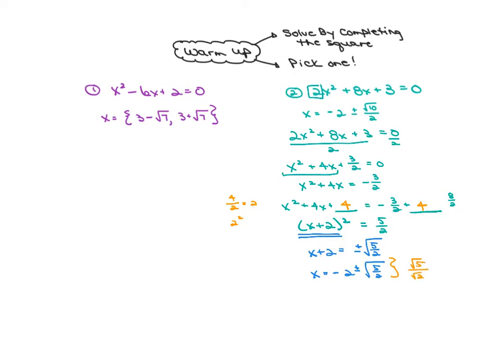And then no radicals in the denominator, so I'm going to multiply numerator and denominator by square root of 2. And that's going to give me x is equal to -2 plus or minus the square root of 10 over 2. So here, this section, completing the square, a little algebra, and then finally simplifying a radical.